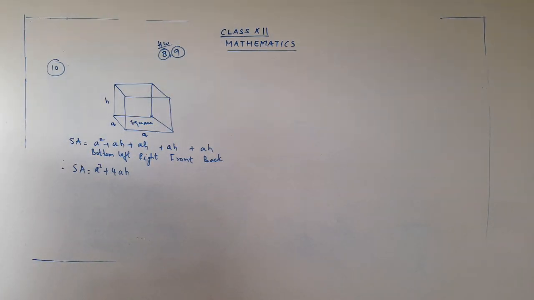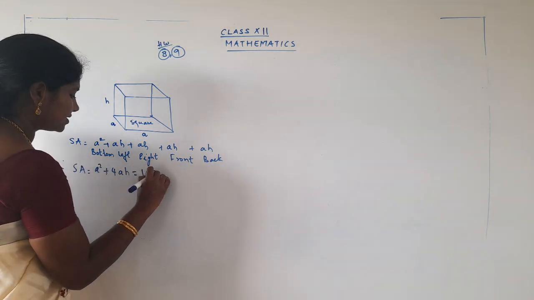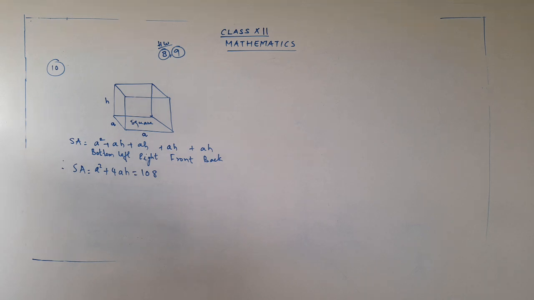And they have given you the value for surface area as 108. So this is equal to 108. So I know the value for surface area, that is A square plus 4AH is equal to 108. Now we are going to find out the value for h from this given part.